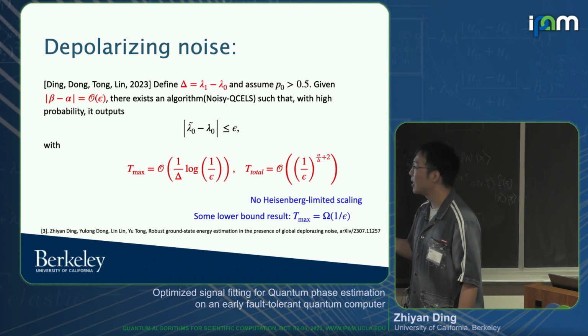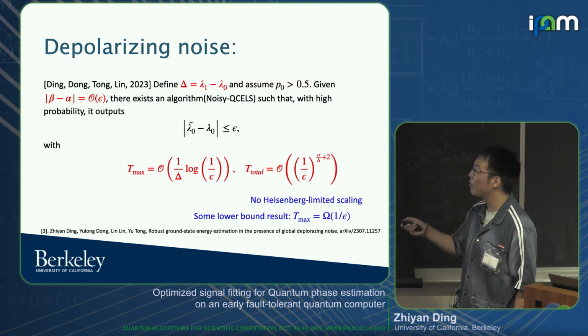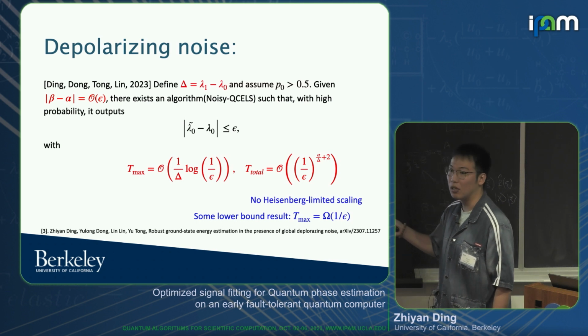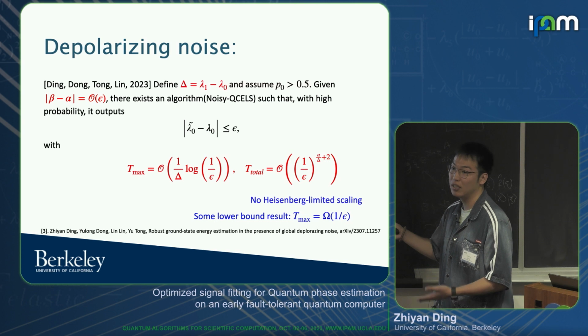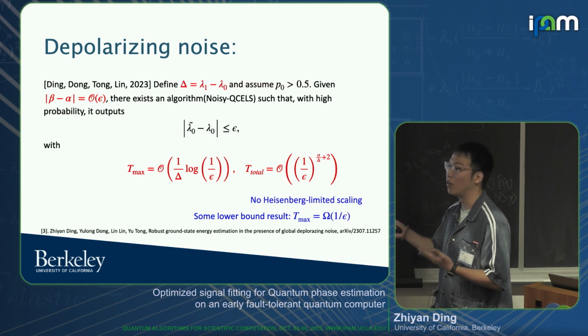At the same time, the total running time is (1 over epsilon) to the power of alpha over delta plus 2. Although this is a relatively large power, it's not exponential. So for high precision epsilon, it's still polynomial.